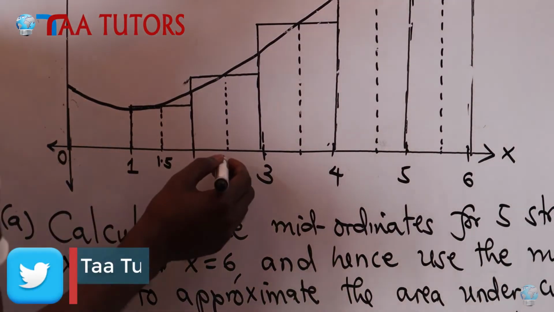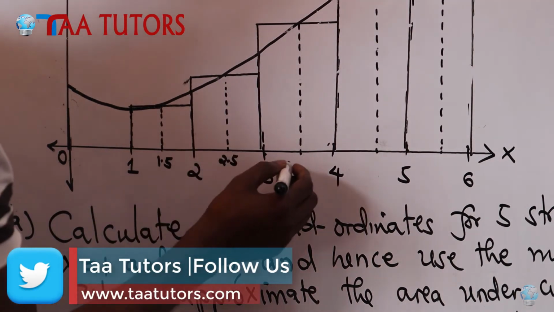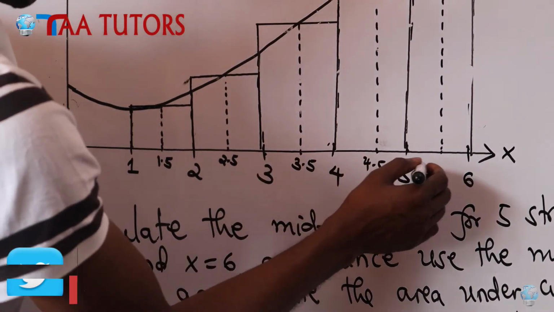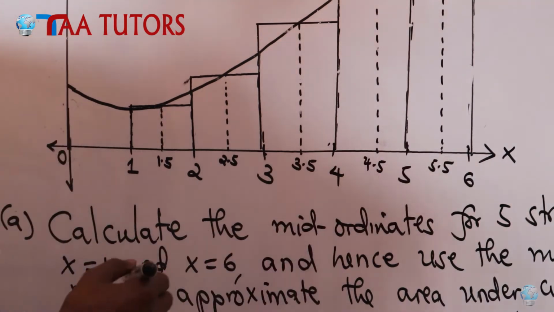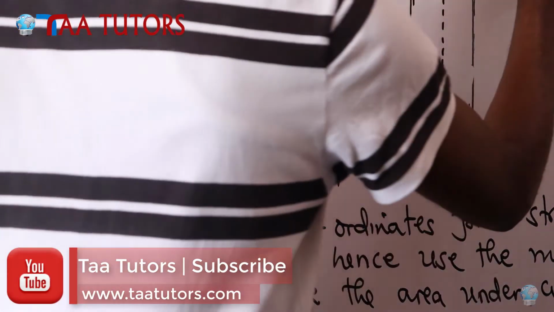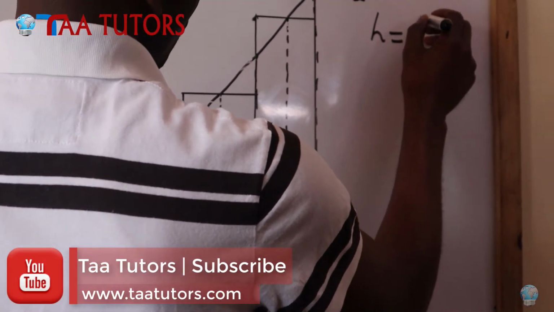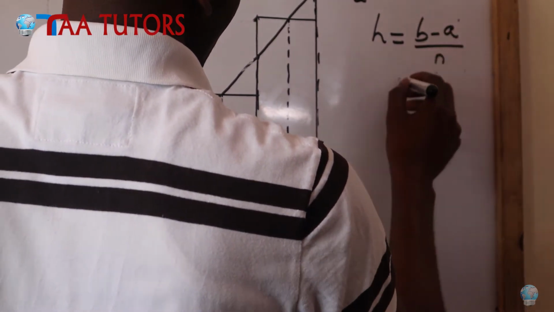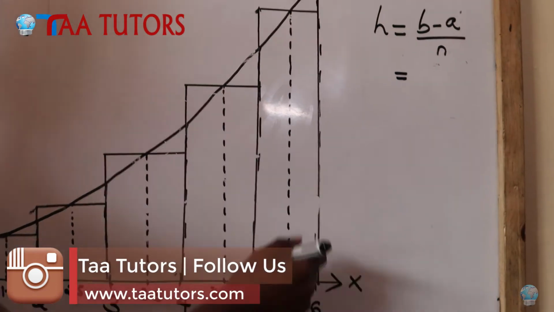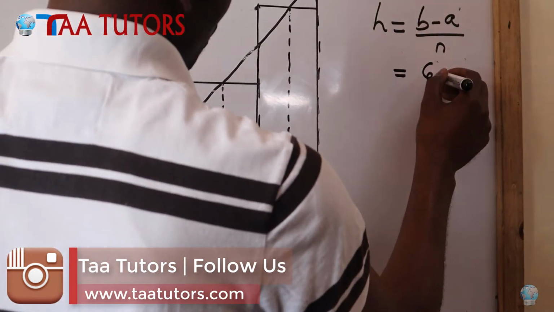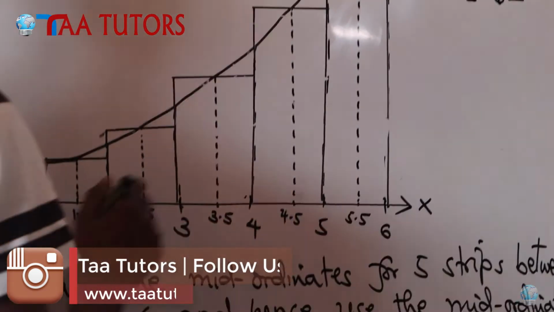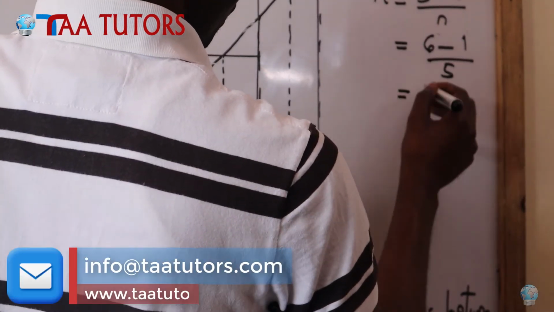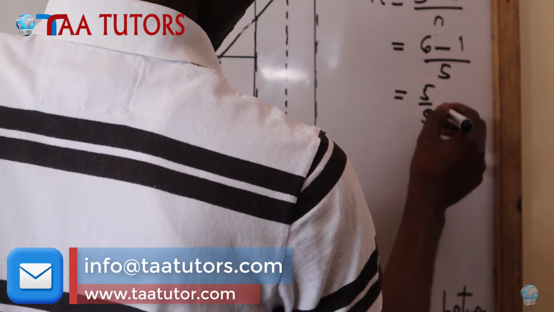This one should be 2.5, this should be 3.5, this should be 4.5, this should be 5.5. You realize that h is equal to b minus a over n, where b is the upper limit, which is 6, minus the lower limit, which is 1, divided by 5, which is n. This will be 5 over 5, which is 1.